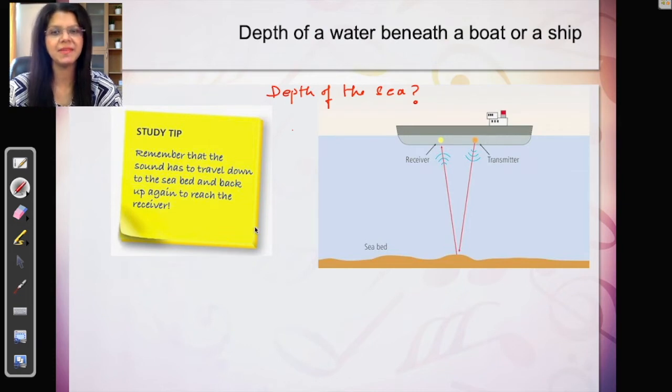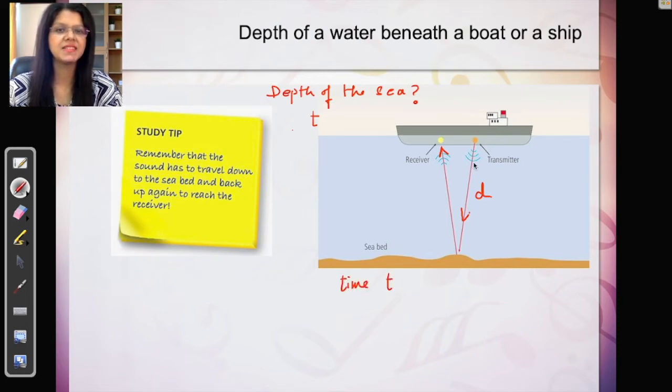So the ship is timing the whole process. Say that the time T is the time taken for the signal to travel all the way down and reach all the way up. Say that the depth of the sea is D. So how much distance has this signal traveled in the time T?